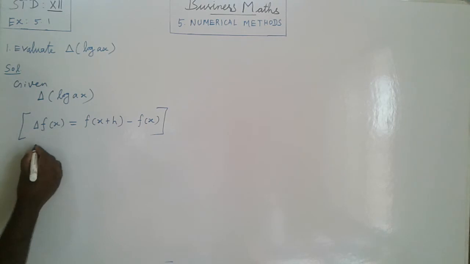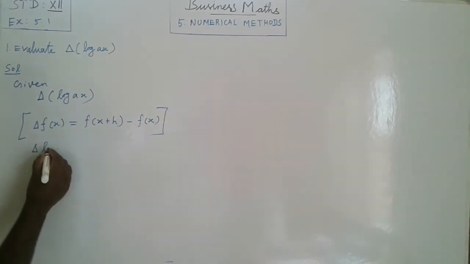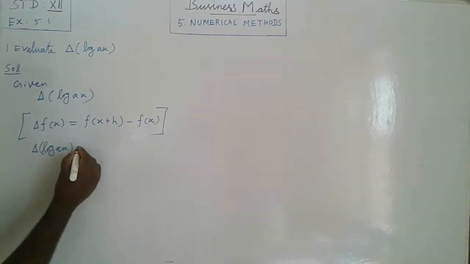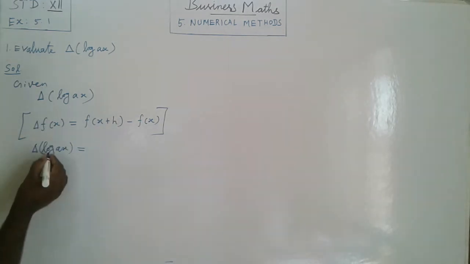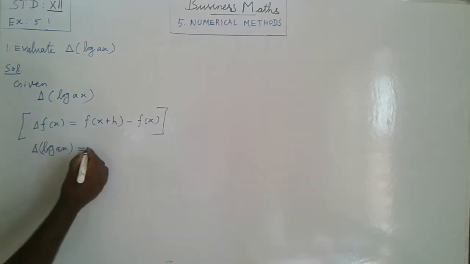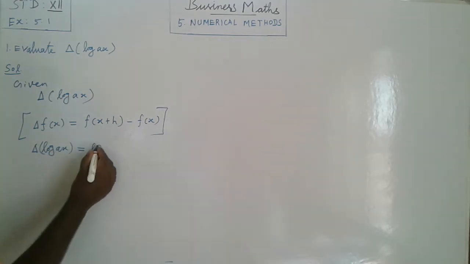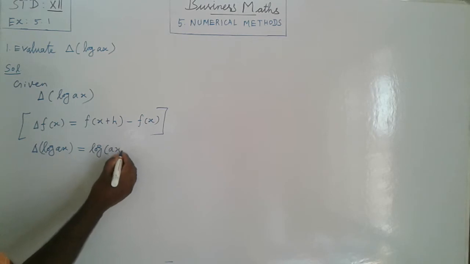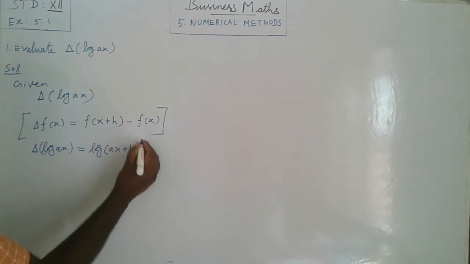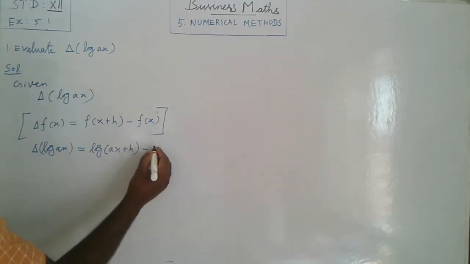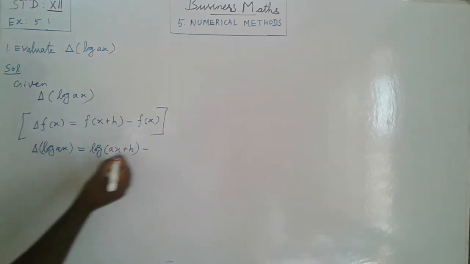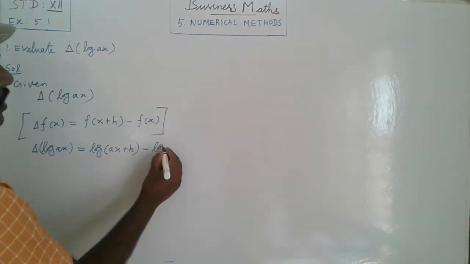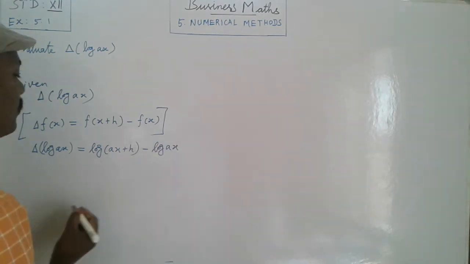Use this formula here. Delta log ax equals f of x plus h, where f of x is log ax, so log of ax plus h minus log ax.